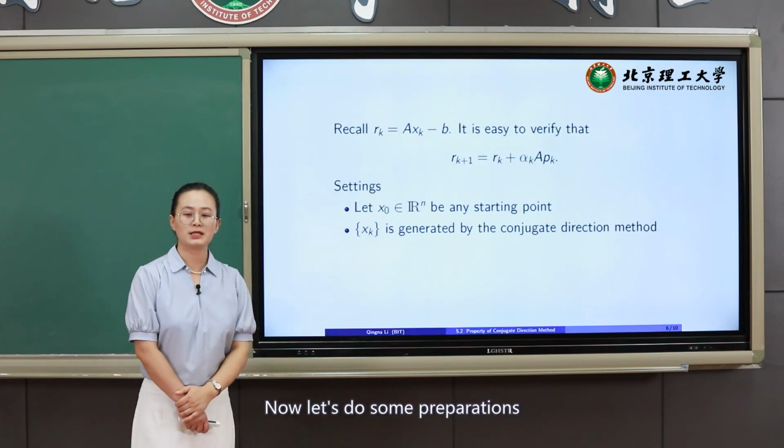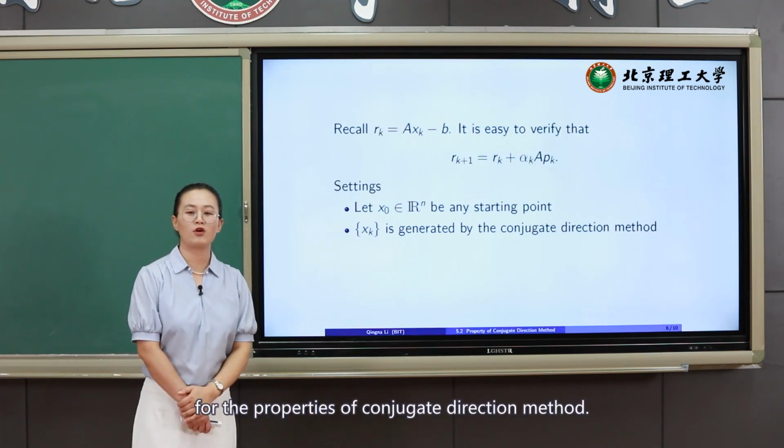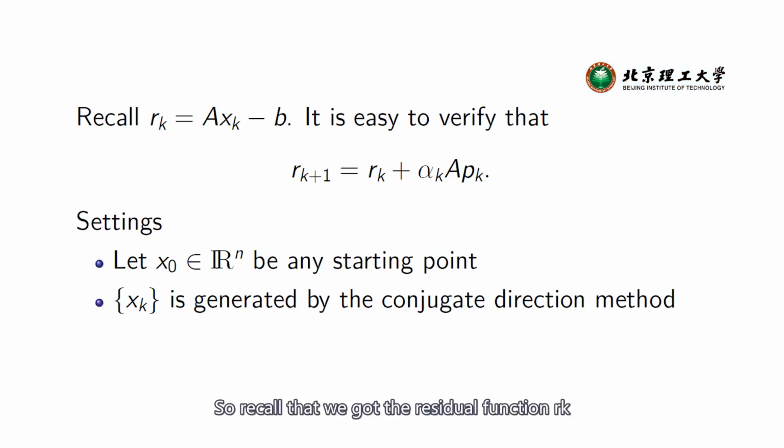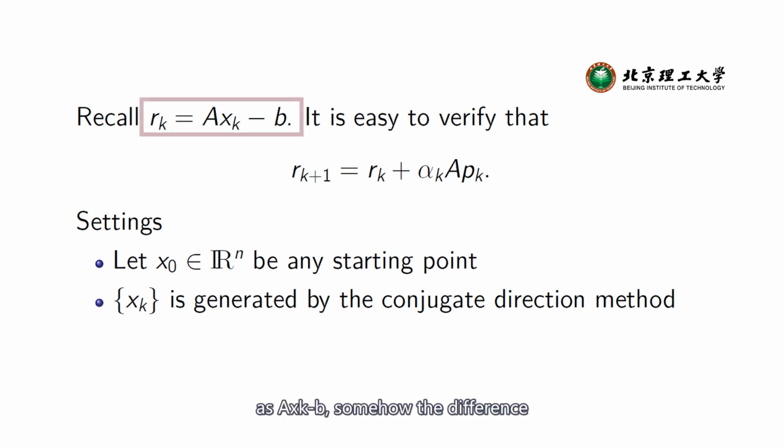Now, let's do some preparations for the properties of the conjugate direction method. Recall that we have the residual function rk as Axk minus b, the difference between the left-hand side and right-hand side of the linear system.